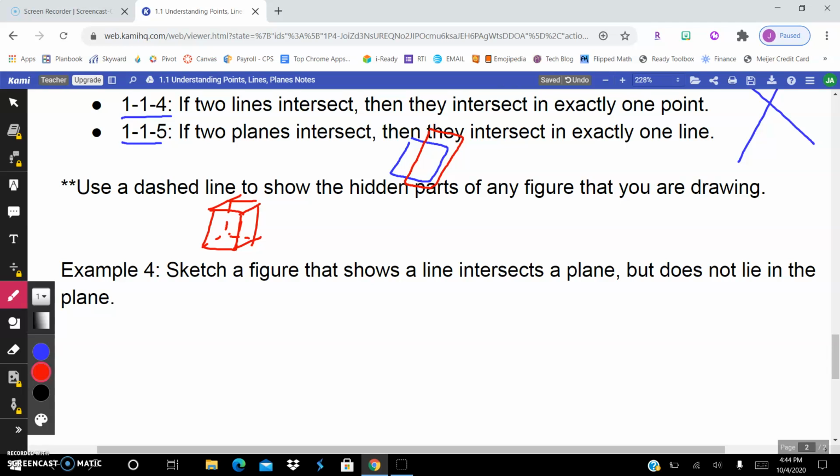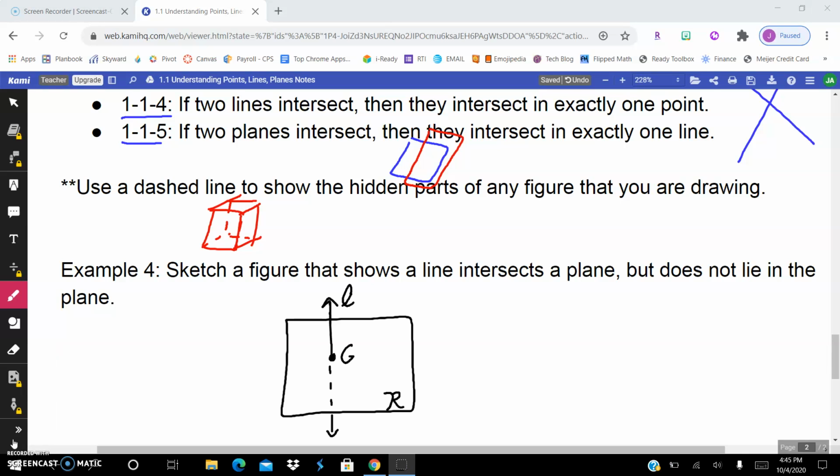Example 4, sketch a figure that shows a line intersects a plane but does not lie in the plane. So I don't run out of time here drawing, but we have our plane R here, and this line is coming up through the bottom. That's what those dashed lines show underneath, coming up through the top, and then the solid line is through the top where we can actually see it, and that is line L.